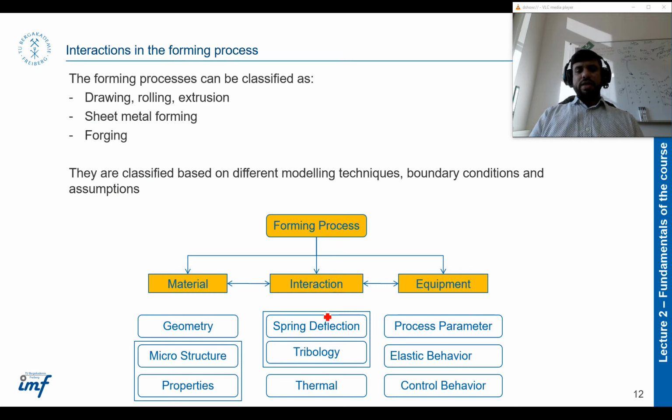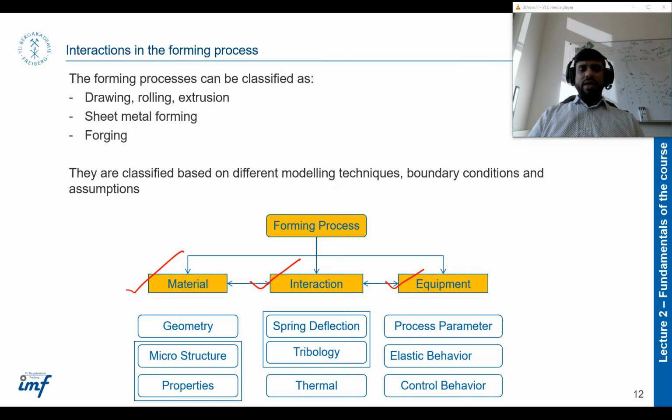And if you look at the classification of forming process according to this, we will see that we can divide it into three components. One is the material, the other is the interaction, and the third is the equipment involved.